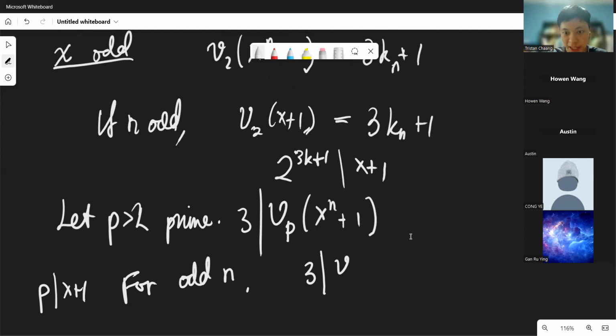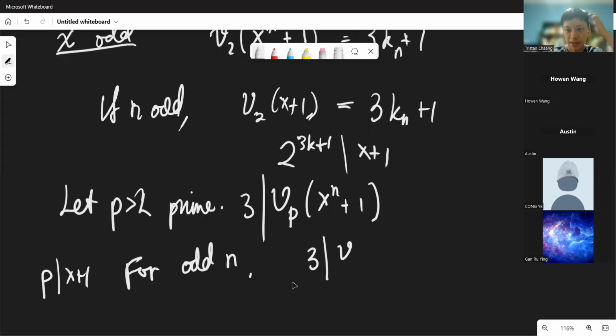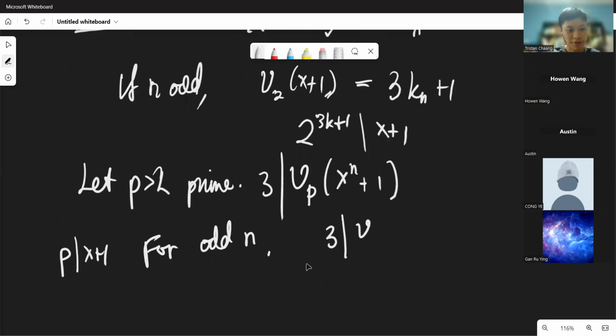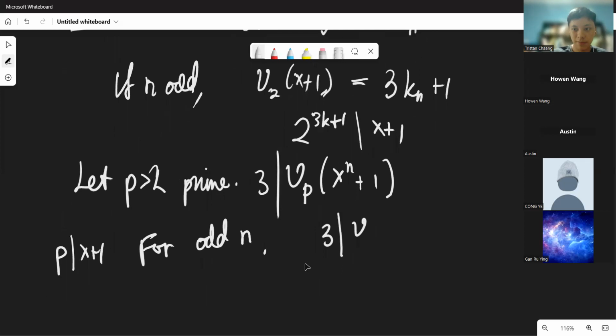The condition is x congruent to minus y. Basically, you want x plus y to be a multiple of p. I should correct that also. I will send it in the group later. But yeah, here's the first time we're going to use that theorem, so it's probably a good idea to correct it now.